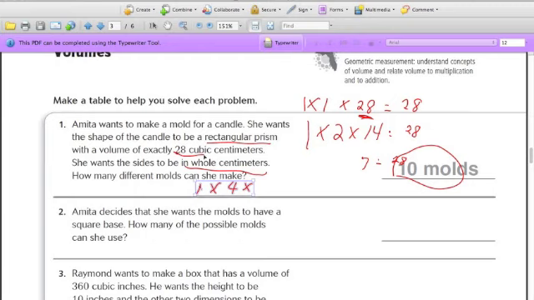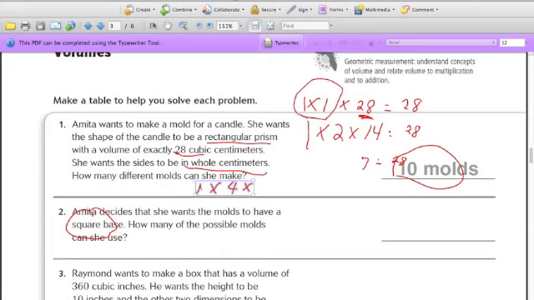So now that we have all the molds, we want to know which of those molds would have a square base as opposed to a rectangular base. So when you look up here at your choices, you're going to look for a base that would have equal or congruent sides.